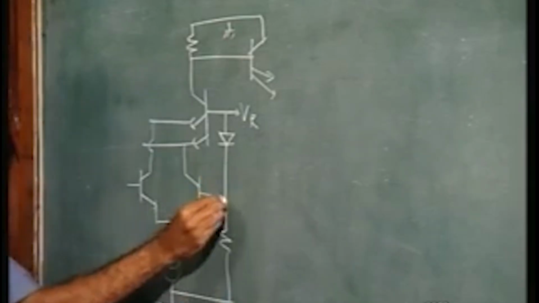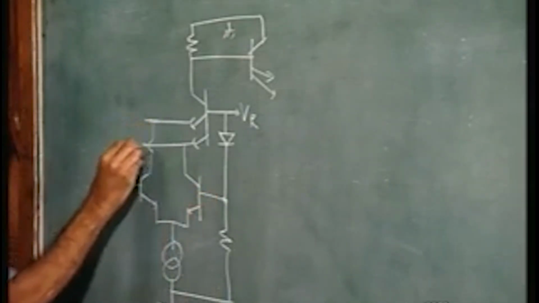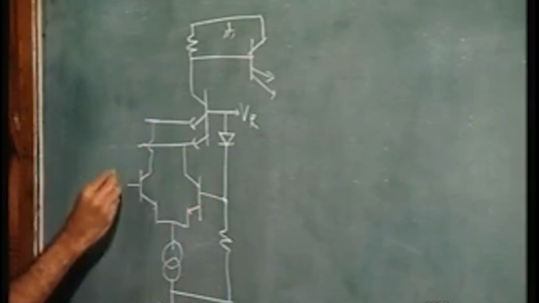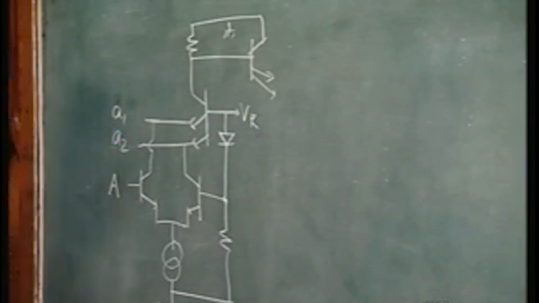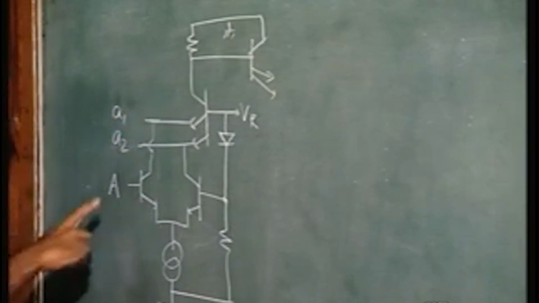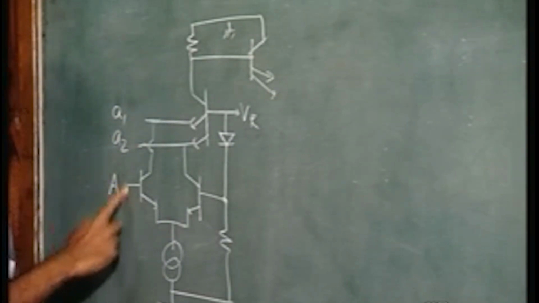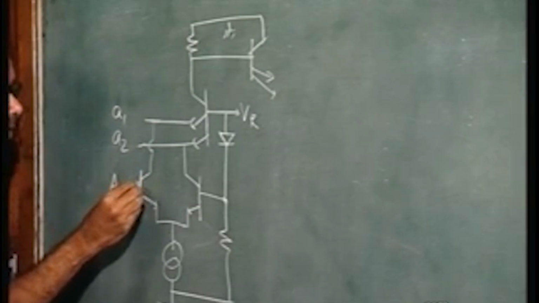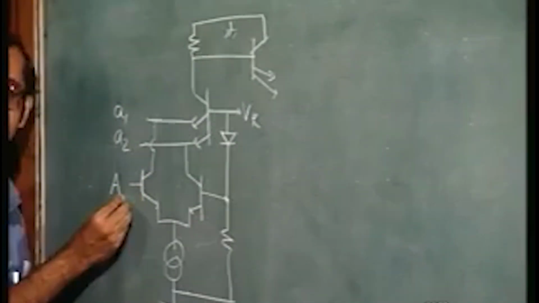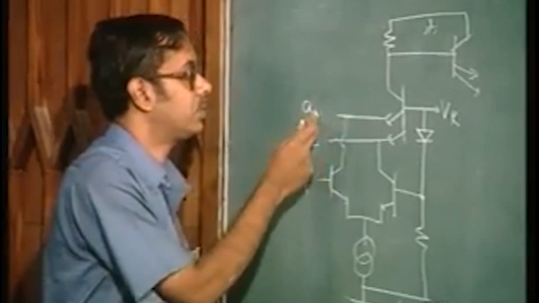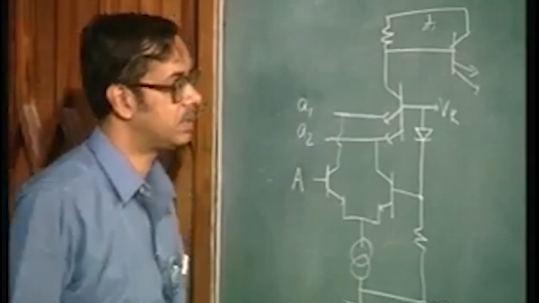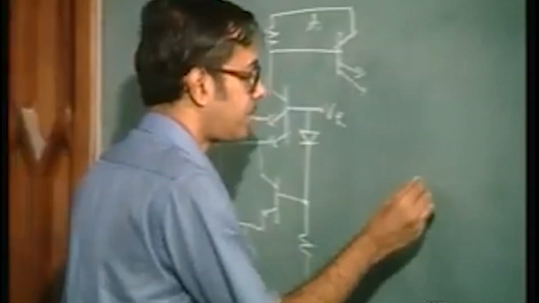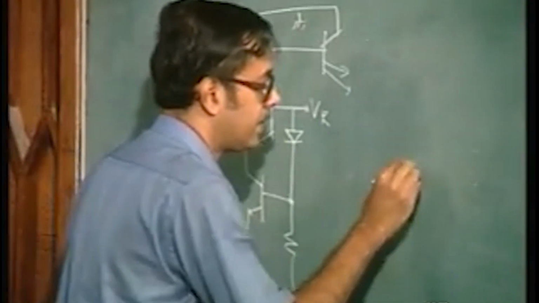So, this is VR minus V on, and you have the inputs, this is A, capital A, and this is small a1 and small a2. The capital A is actually called the control input. These inputs here at the base of this transistor are called the control input, whereas these inputs small a1 and a2 are called the direct inputs. That is the name, and the circuit configuration is like this.